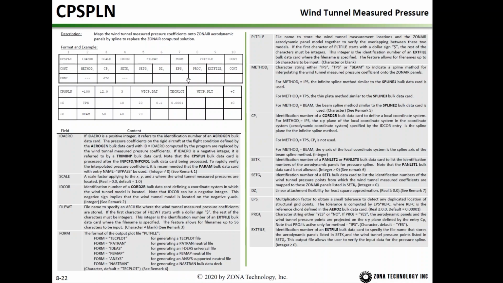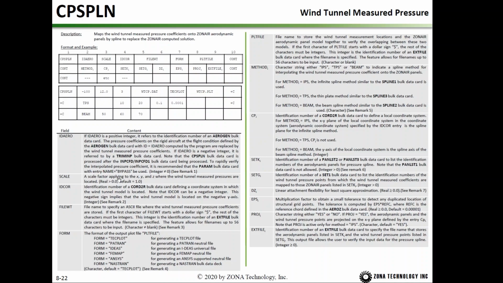CP spline is to interpolate the wind tunnel measured CP onto the ZONAIR model to replace the ZONAIR computed rigid CP. So the ID arrow is the ID of Aerogen. Again, it can be a negative integer, so it is referred to by the trim IMP card.